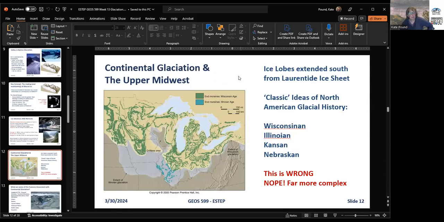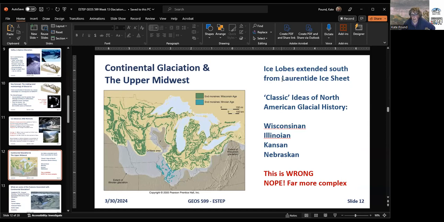Okay, so now we're going to shift to looking at continental glaciation and the upper Midwest. We've already introduced this map that we're looking at here. And so the basic story is there was a large ice sheet extending across most of Canada and the northernmost states in the US.